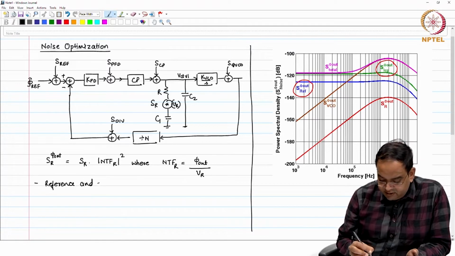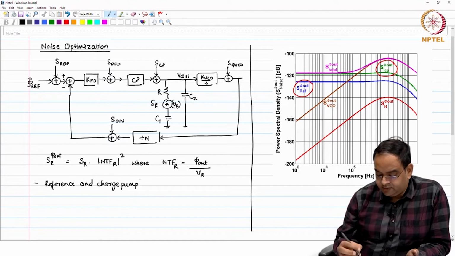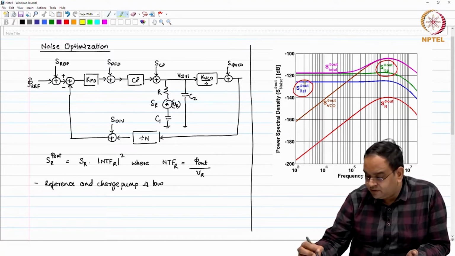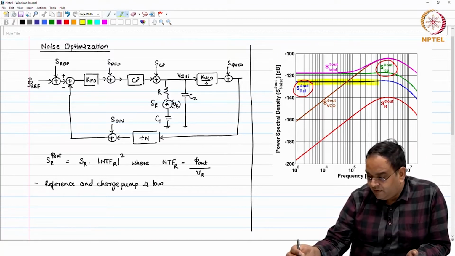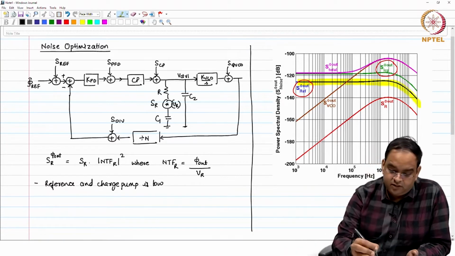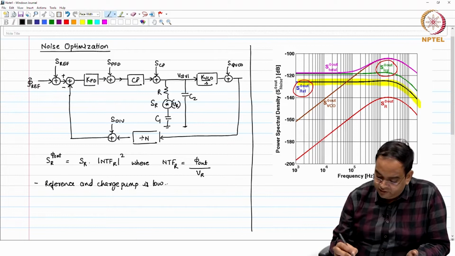Why do I say low pass filtered? Well, you see the transfer function is flat from DC and then it drops. So, this is low pass filtering.